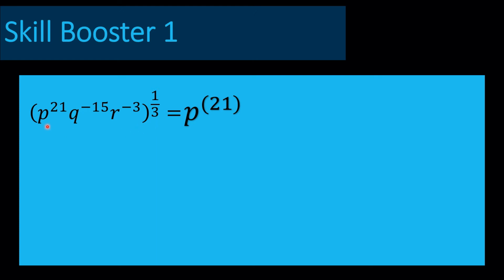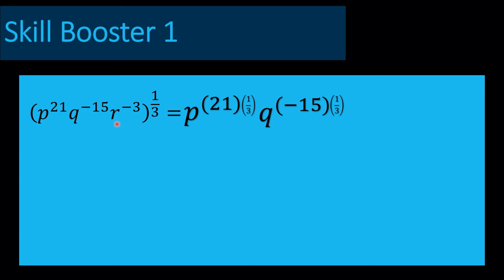So if you paid attention earlier, then you know that what you're going to do is raise each factor to 1/3. So we will have the first factor, which is p to the power of 21. We raise that to 1/3. Similarly, the next factor, q to the power of negative 15, we also raise to 1/3.